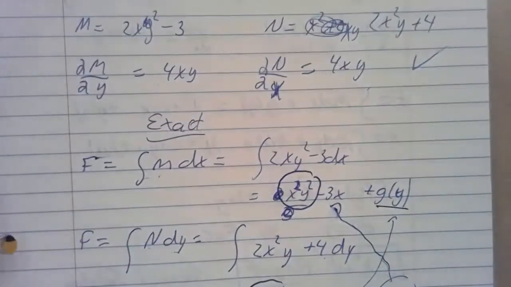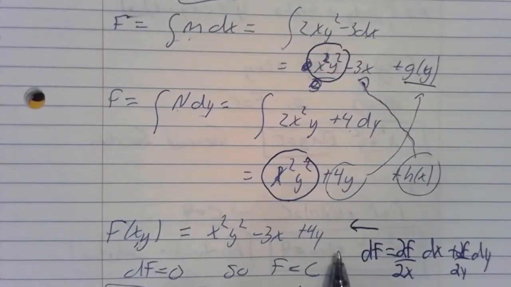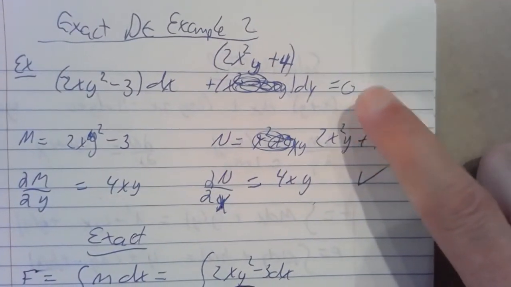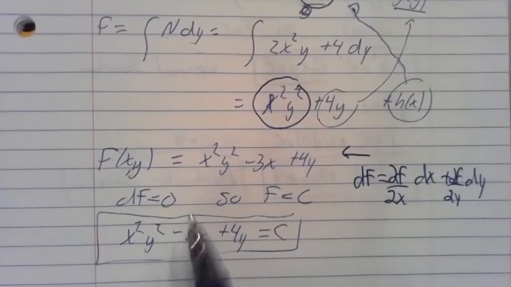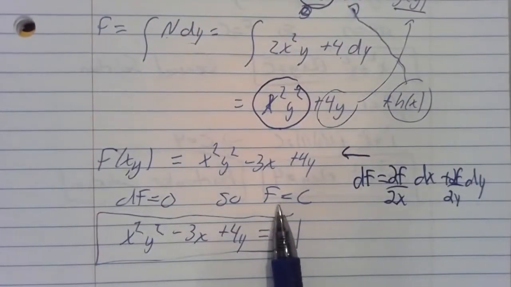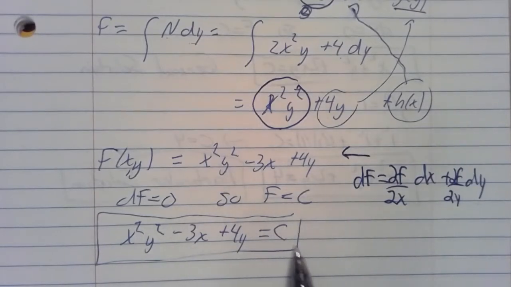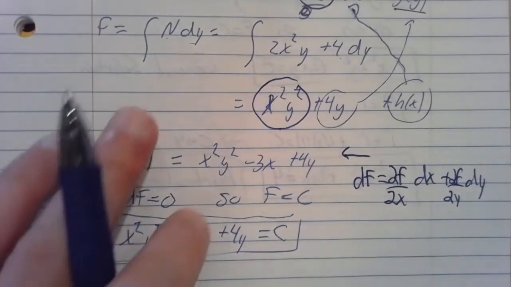The left-hand side is the full differential of this function, capital F. We're told in our dE that that full differential equals 0. The only way a full differential can equal 0 is if the function is actually equal to a constant. So we set the function equal to a constant, and this is our implicit solution. We're not even going to try to solve that explicitly. We're okay with implicit solutions on these.